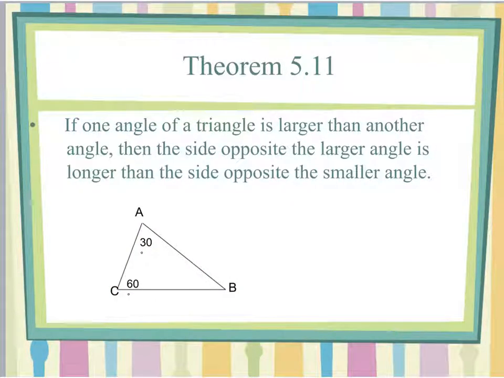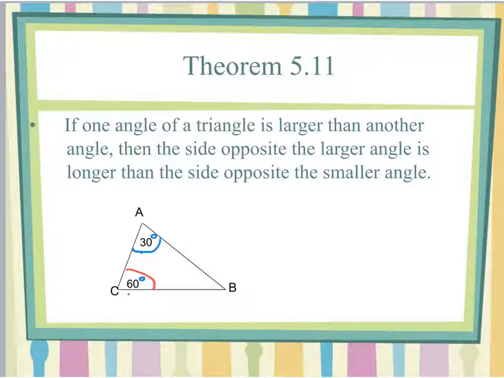Theorem 5.11 reverses this. Now we're given the angle measures, and we have to figure out which side is longer. Same idea here. The bigger the angle, the bigger the side across from it. So we have angle 30 here, and I know the little degree symbol got shifted, but this is 30 degrees for this angle. And then there's 60 degrees for this angle.